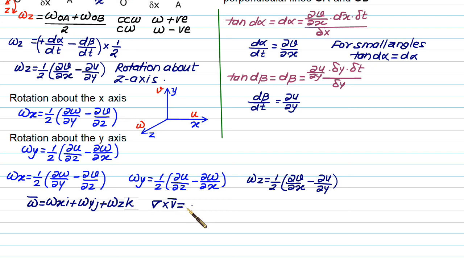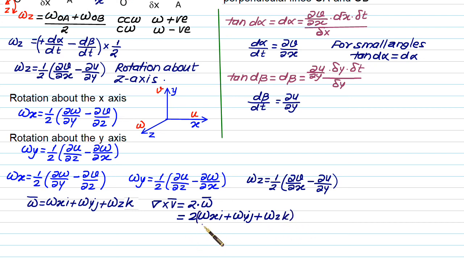and we'll equate the curl with 2 times the omega vector, that is we have 2 times omega x i plus omega y j plus omega z k. 2 is common to all.